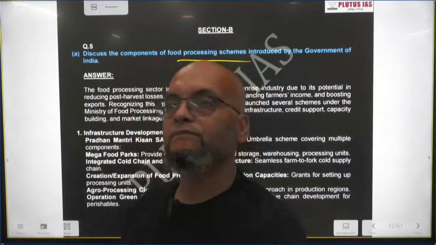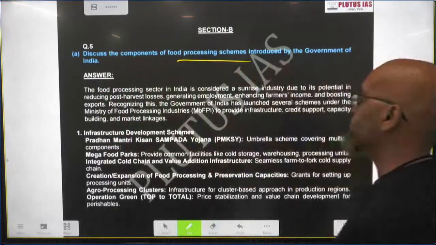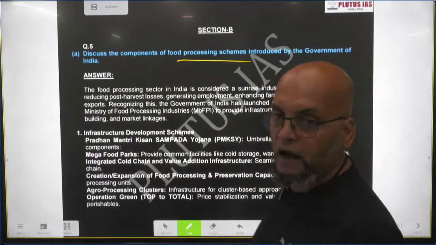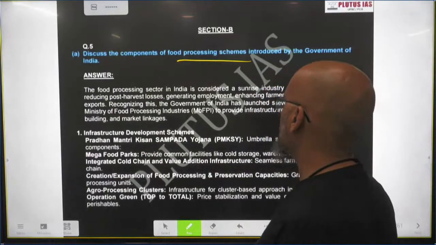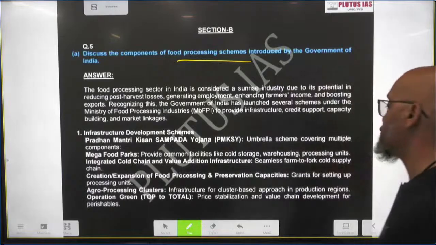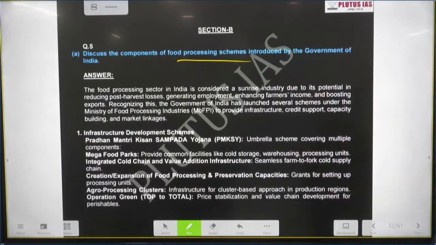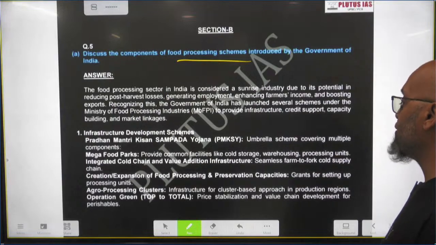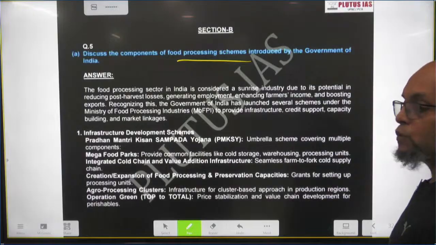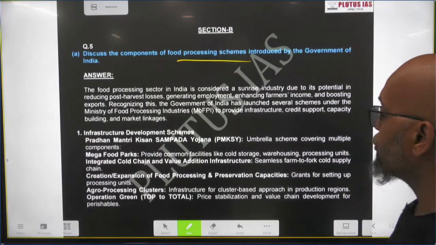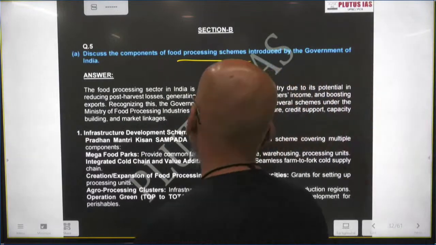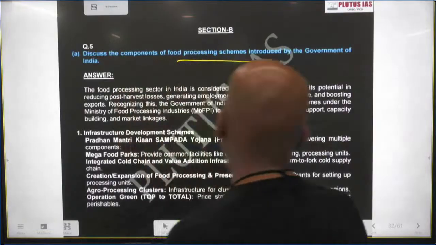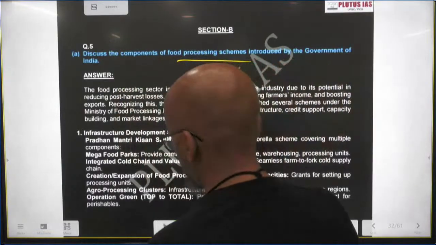Clear? Okay. So next is mega food parks, again undertaken by the government. They provide common facilities like cold storage, warehousing, processing units, integrated cold chain, and value addition infrastructure: seamless farm-to-fork cold supply chain creation, expansion of food processing and preservation capacities, grants for setting up processing units.